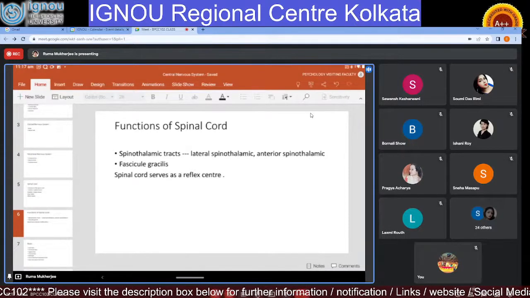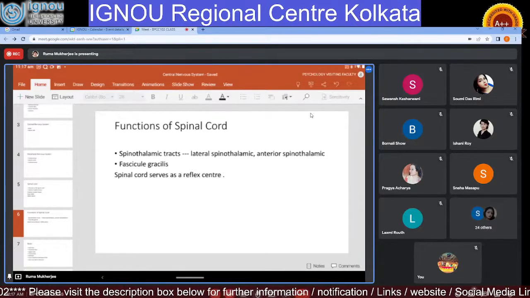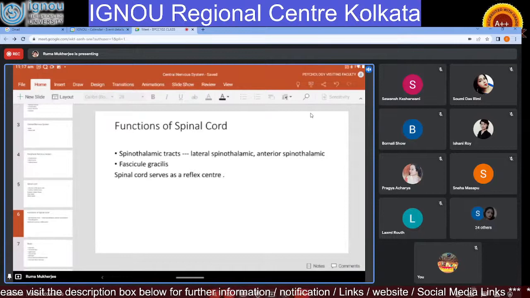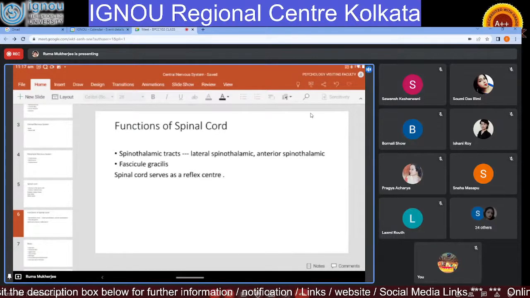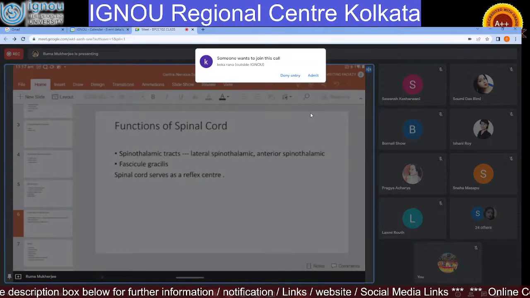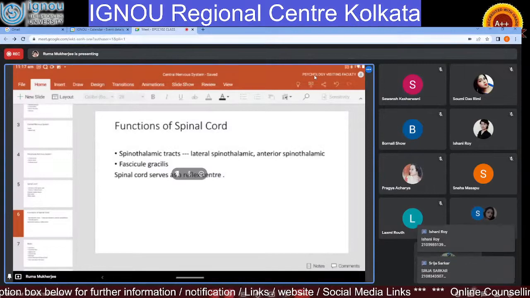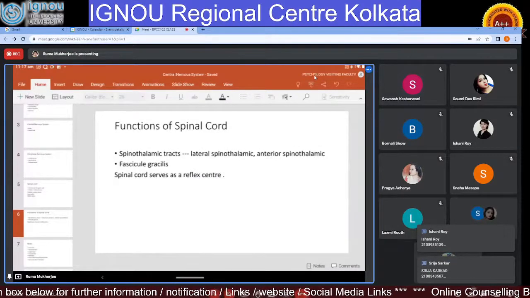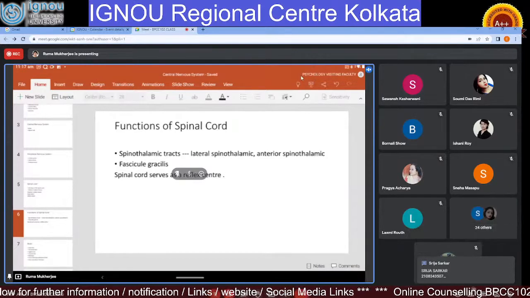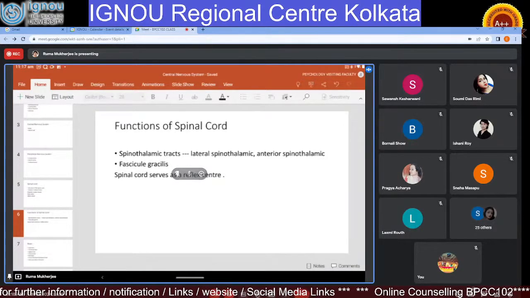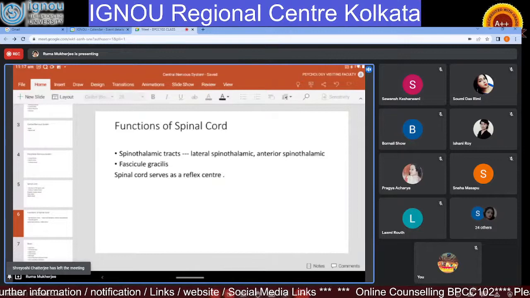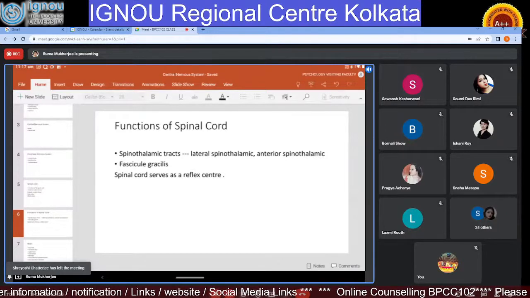So, the spinothalamic tract is one type of tract which includes the axons that originate from the cell bodies of the neurons located in the spinal cord and end in the thalamus. These tracts are responsible for the sensory functions, that means touch, pain, temperature, the sensation of all these.